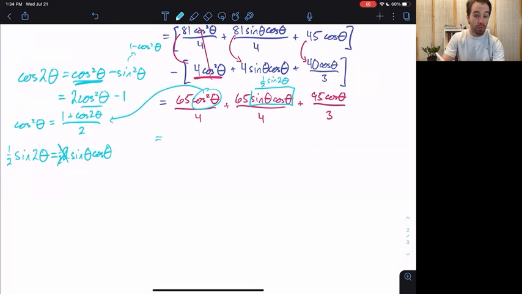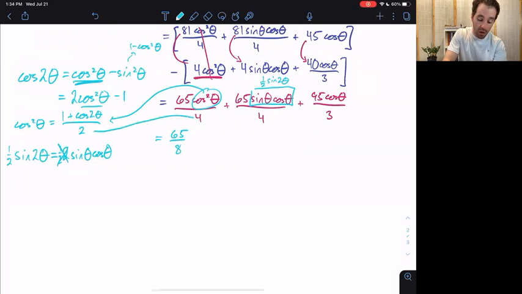So just rewriting this before we do the final integration, it'll be 65 over 8, making this 4, talk with this 2. 65 over 8 times 1, and then plus cosine 2 theta. So 65 over 8 plus 65 over 8 cosine of 2 theta.